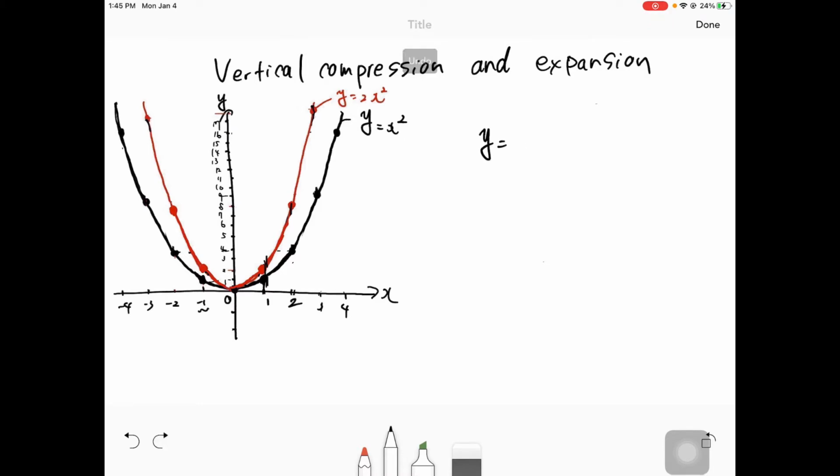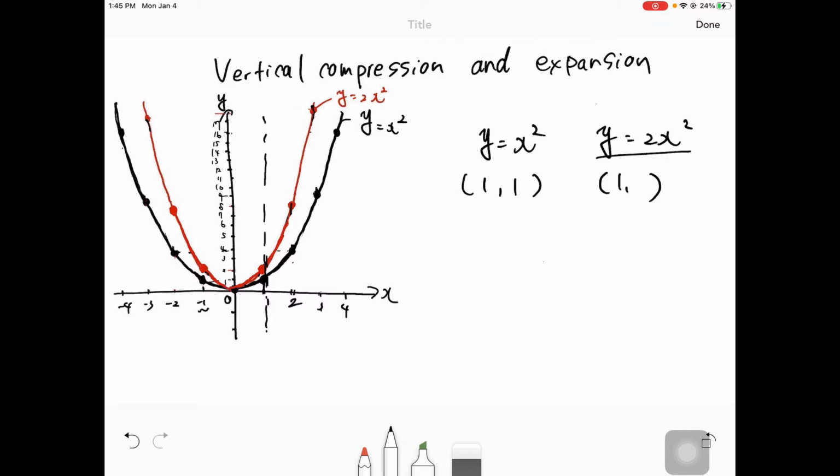So I focus vertically on y equals x squared and y equals 2x squared. Let's see the value when x equals 1. What y value does each graph have? When x equals 1, the y value here is going to be 1.